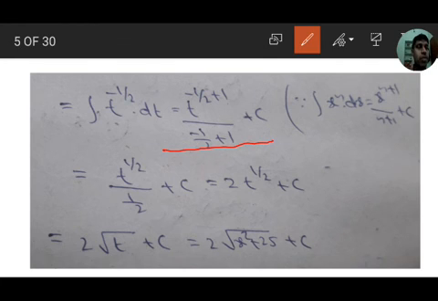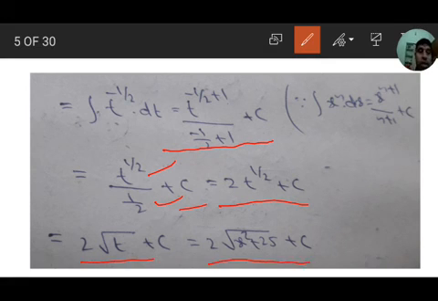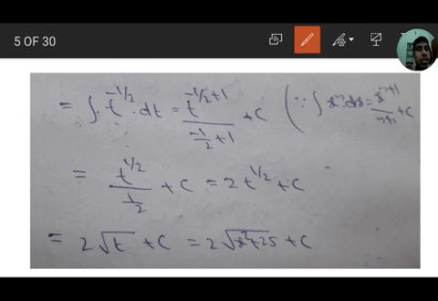Minus 1 by 2 plus 1 means 1 by 2, so t to the power of 1 by 2 by 1 by 2. 1 by 2 in the denominator means the reciprocal, 2, will come: 2 into t to the power of 1 by 2, which means root t, that is 2 root t plus c. t means x square plus 25, so 2 into square root of x square plus 25 plus c. This is the answer.